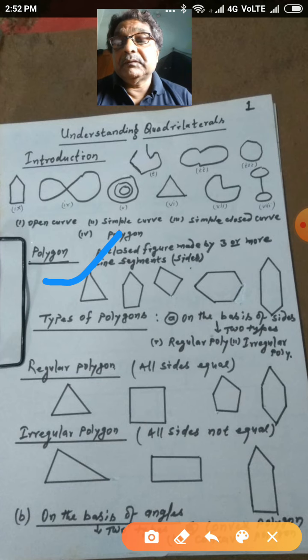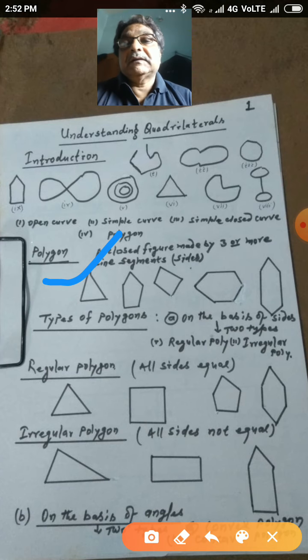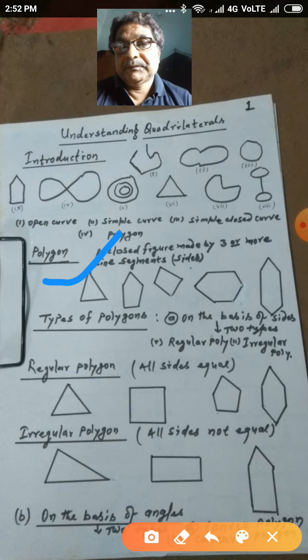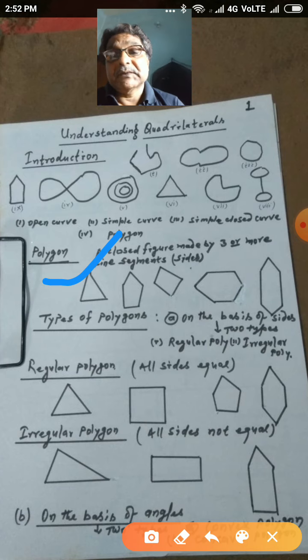Now a polygon means a closed figure made by sides, made by line segments, and since for a figure to be closed, minimum 3 sides are needed, we can also state it in this way: a closed figure made by 3 or more line segments is known as a polygon.